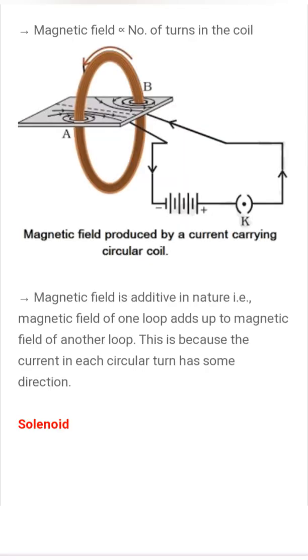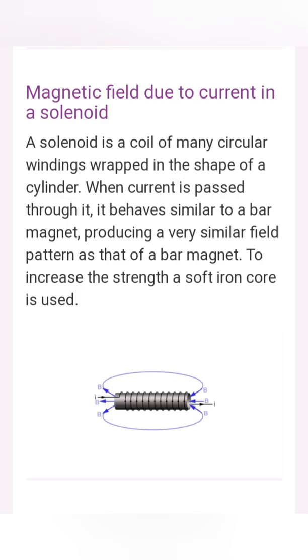The magnetic field increases as the current increases, and as we move away from the center, the magnetic field decreases, that is, it is inversely proportional to the distance from the center. Now if we increase the number of turns in the coil, that means more loops, the magnetic field will also increase.